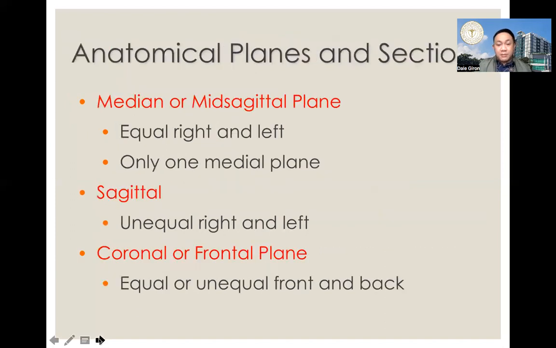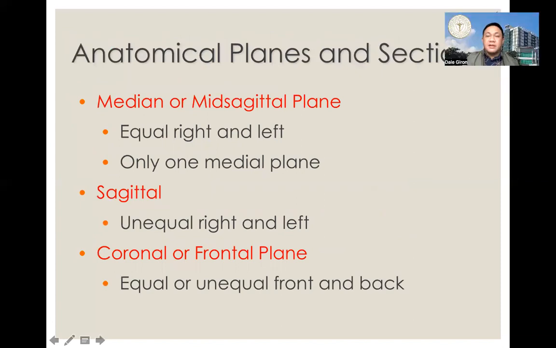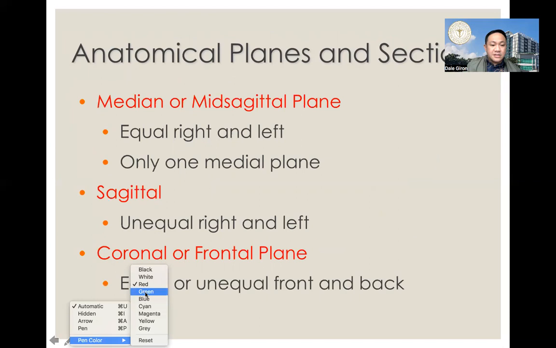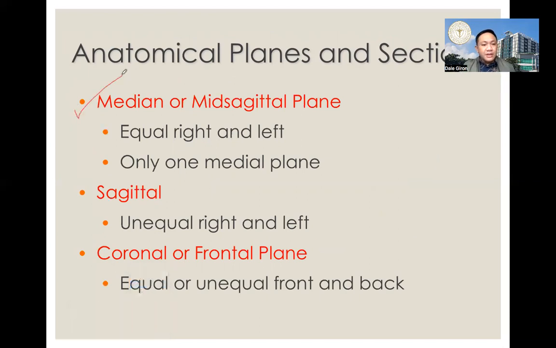Next is the anatomical planes and sections. This is actually very important in describing the human anatomy. Let's discuss first the median or the mid-sagittal plane. When you say median or mid-sagittal plane, it divides the body into equal right and left. Only one median plane. So when you divide the human body, equal ang right at ang left. Meaning this is the median mid-sagittal plane.